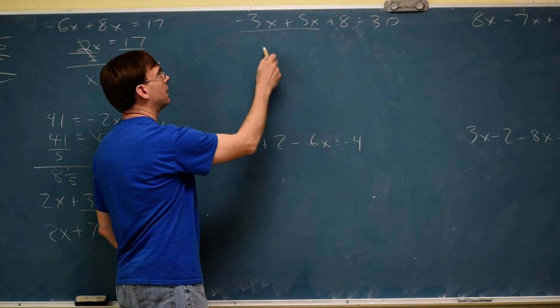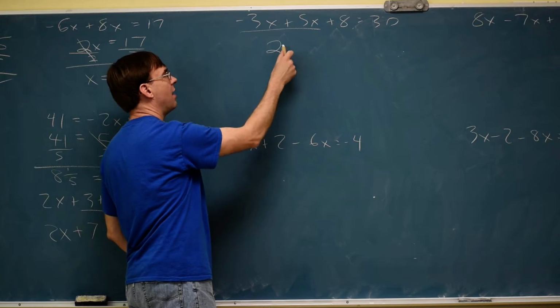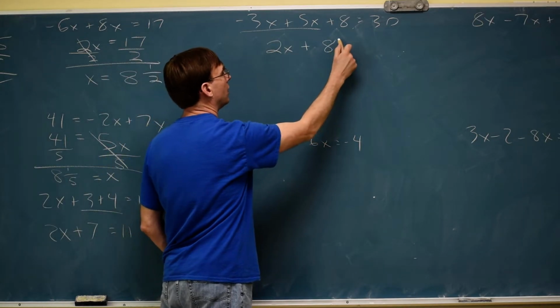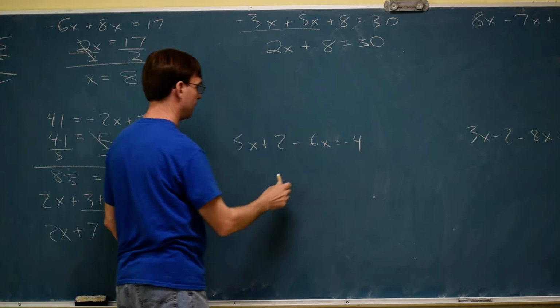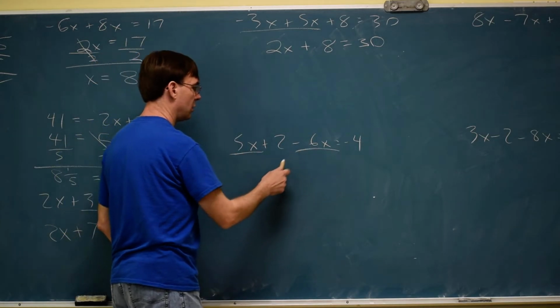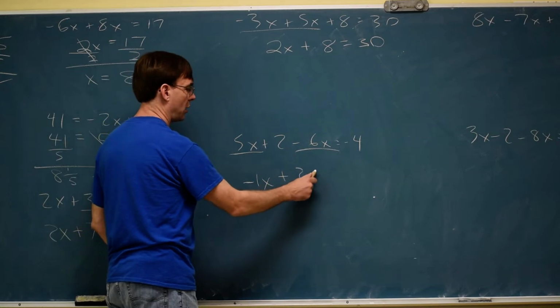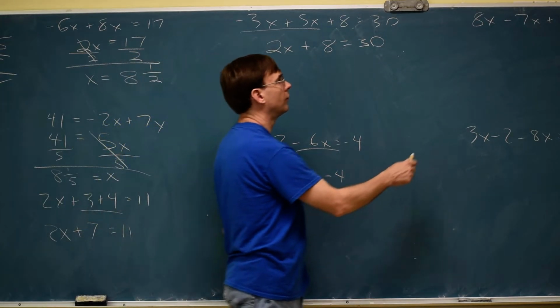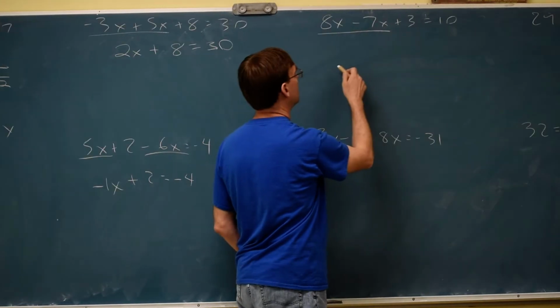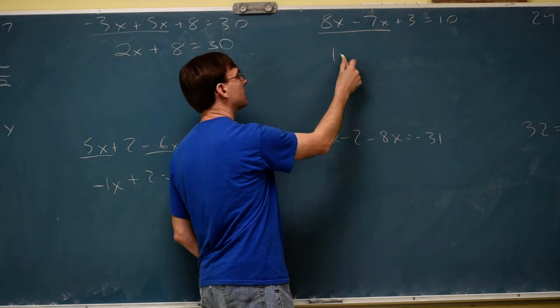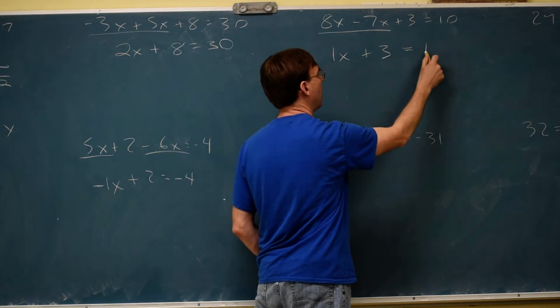Here, those are like, negative 3, positive 5 makes positive 2, but I copy the rest. Here, these are like, that would be negative 1x, but I copy the rest. Here, these are like, that's a 1x, and I copy the rest.